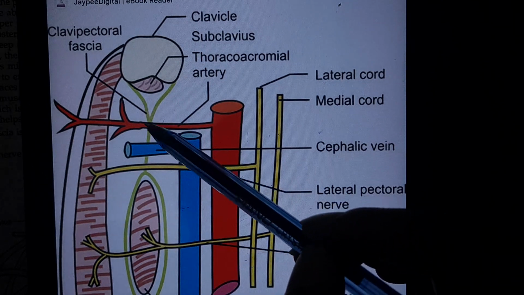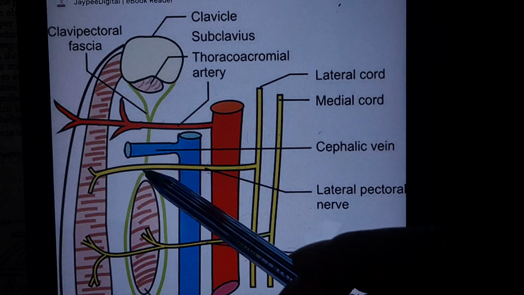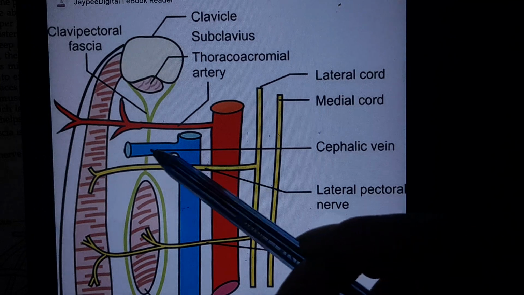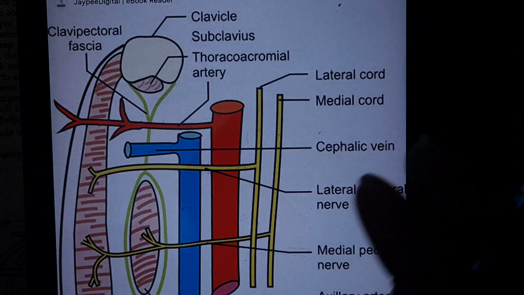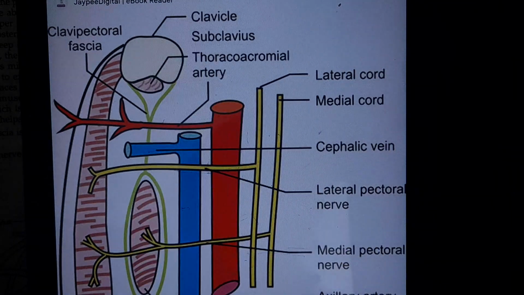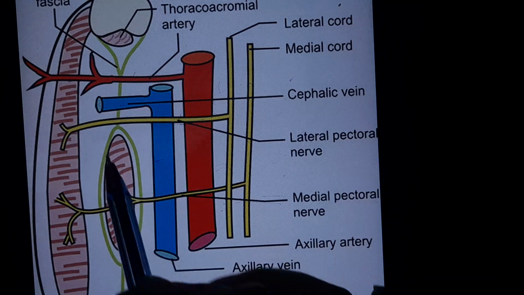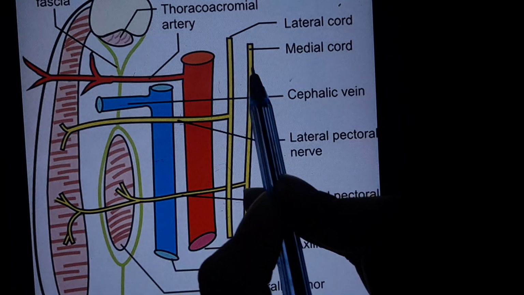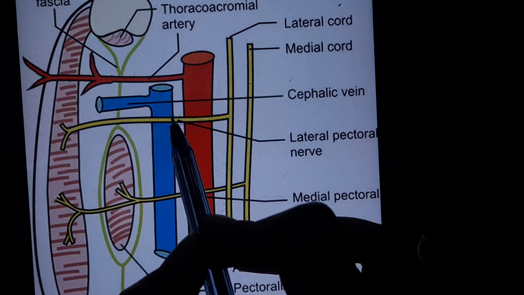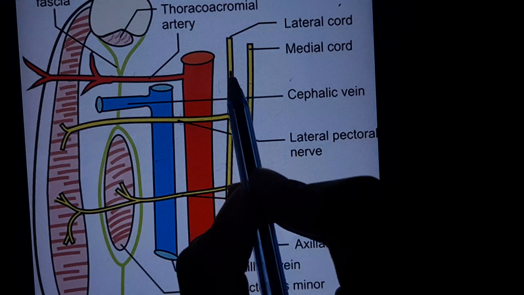The main three things that are piercing this region are the lateral pectoral nerve, the cephalic vein, and the thoracoacromial artery. Also, one thing that can be asked in viva is which cord of the brachial plexus the lateral pectoral nerve is arising from. So the lateral pectoral nerve arises from the lateral cord of your brachial plexus.